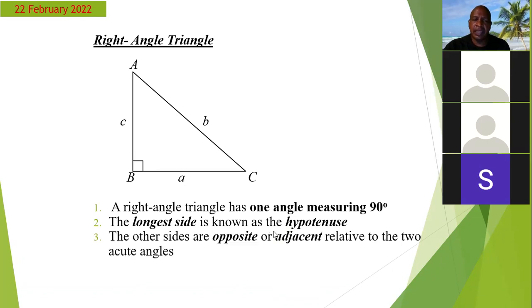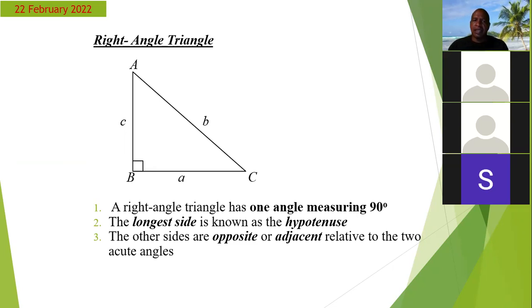Now the other two sides, we'll label those opposite and adjacent. All right. Now this idea of opposite and adjacent is often confusing for students. And so I want to make it very clear what we mean when we say opposite and what we really mean when we say adjacent.